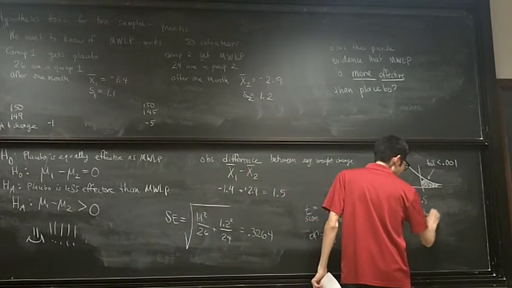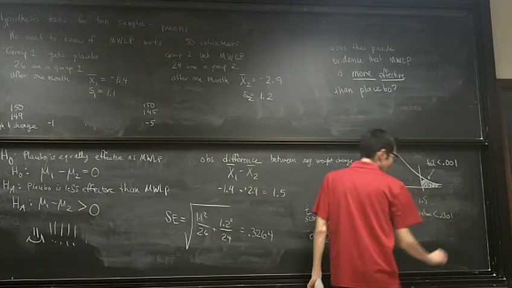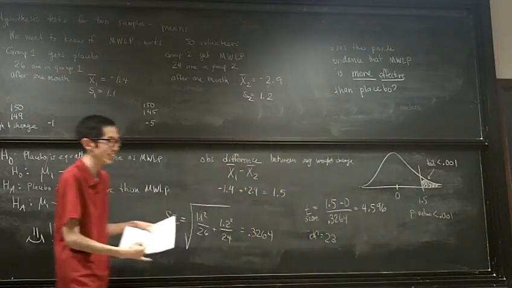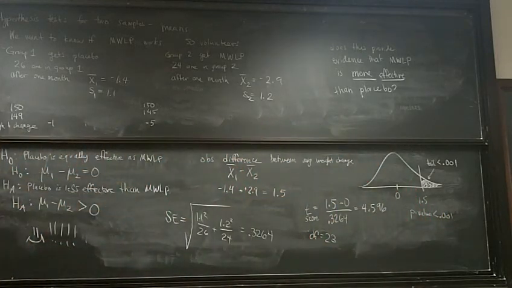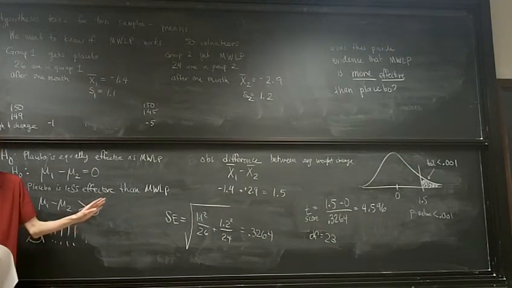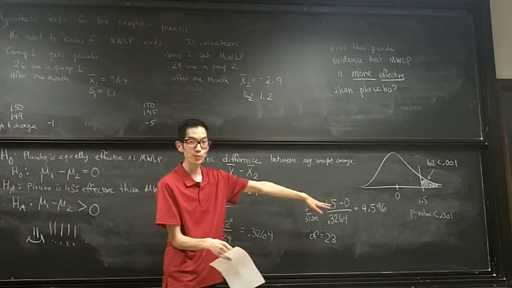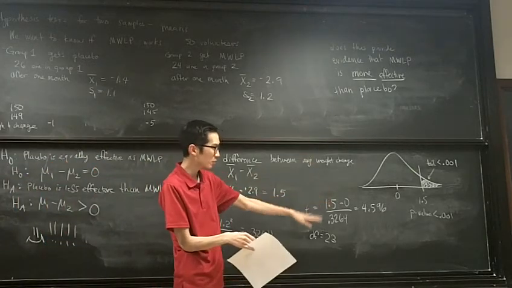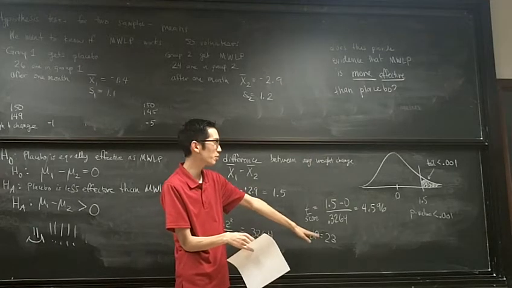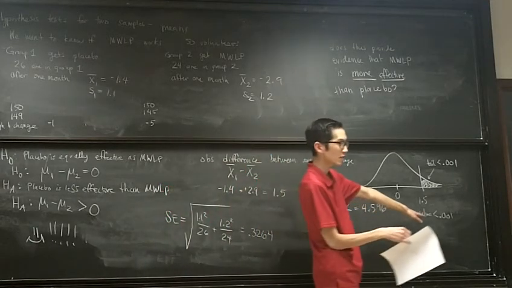Are we okay? P-value less than 0.001? Are we okay with what's going on here? The p-value is less than 0.001. I got my t-score to be 4.596. I look that up in my table with 23 degrees of freedom, and I get a p-value of less than 0.001.